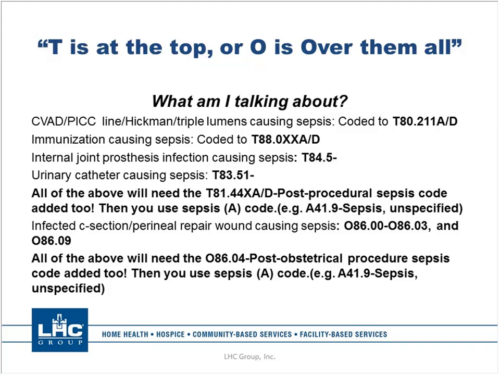And you also have O86.09 to identify the levels of these infections as well, because they've branched those out too. Now, if you're using one of those, you're also going to have to add an O86.04 post-obstetrical procedure sepsis. And then you're going to use your A code for the underlying systemic infection. Clear as mud, right?